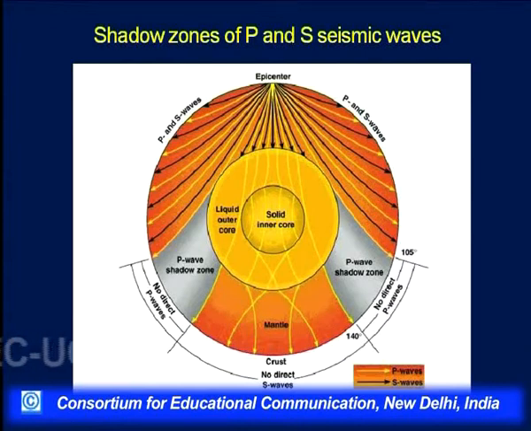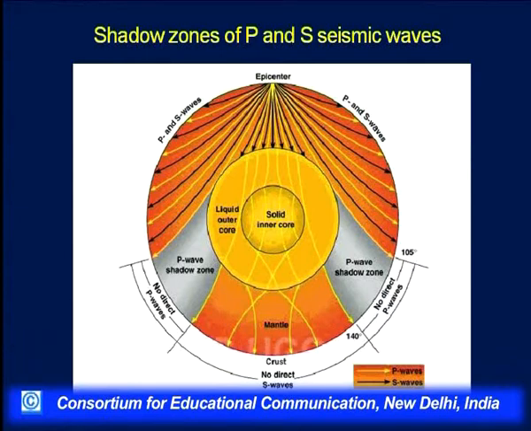That means refraction is taking place again, and as they come out of the inner core and pass through the outer core, the refraction happens once again, and it happens yet once again when they pass from the outer core into the mantle.